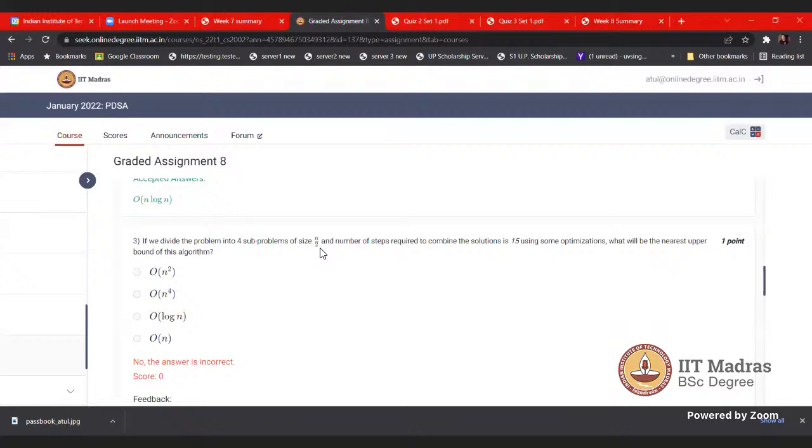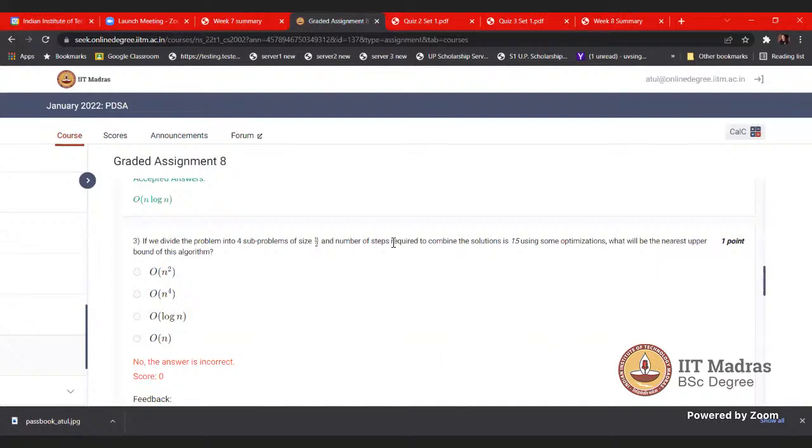Every time we are increasing the size of the problem here. If you check the second level, its size will become 2n. At the next level, it becomes 2 to the power 2 n actually.